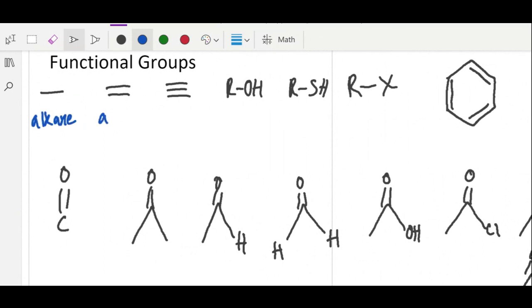Alkane, alkene with the E, and alkyne with the Y. Okay, so if you notice, they're all the same except the ending, which is the A, E, or Y ending. Okay, that's your single, double, triple bond.